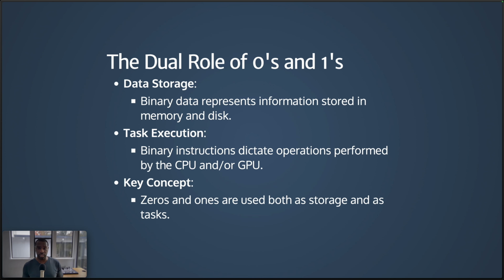So, the dual role of zeros and ones: they can be data storage. Binary data represents information stored in memory and disk. They can also be task execution. Binary instructions dictate operations performed by the CPU and or the GPU. But the key concept is that zeros and ones are used both for storage and for tasks. There is a fundamental basic unit of 0 and 1 that underlies everything. And when you understand that, even as things get complex, you understand that the root of it all is actually very simple.